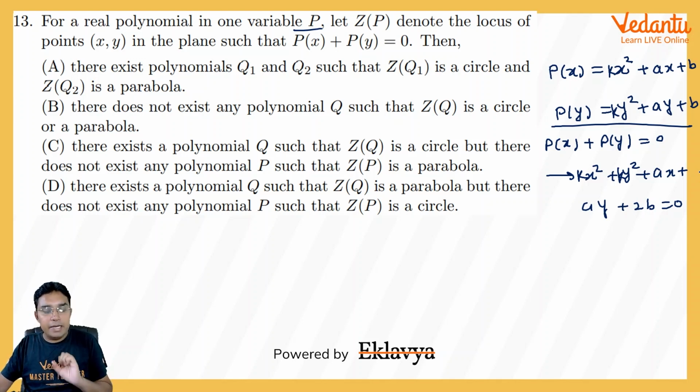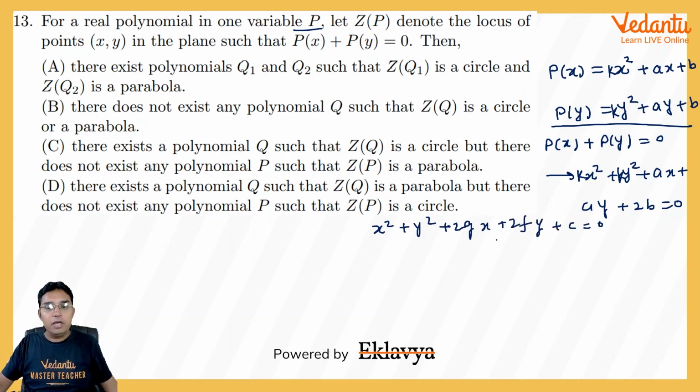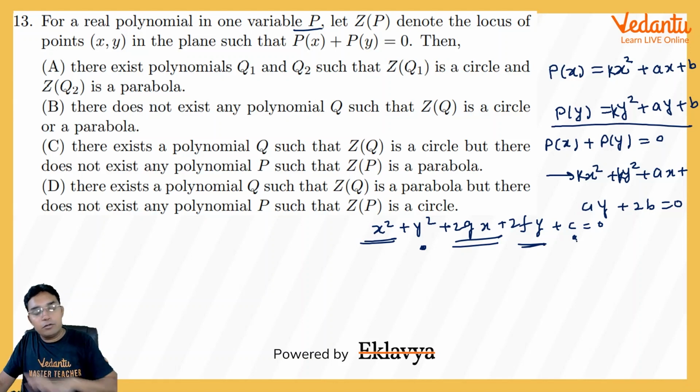Now please listen carefully. Why is it representing circle? Because we have equation of circle like x square plus y square plus 2gx plus 2fy plus c, in which we can write this equation by splitting into two polynomials, one in terms of x, in which I will be putting x square, 2gx and one part of c, and one more polynomial in terms of y, where I will be putting y square, 2fy and the remaining part of c.